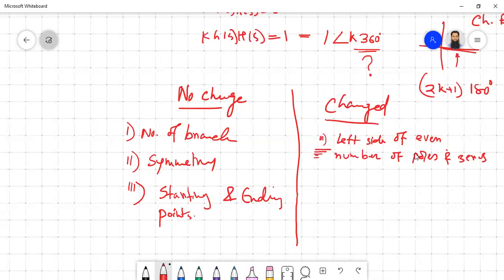Rule number 4, sorry, rule number 5 is related to the angle, so it will be changed. The real axis intercept remains as it is because it is not related to the angle: summation of the poles minus summation of the zeros divided by the number of poles minus number of zeros.